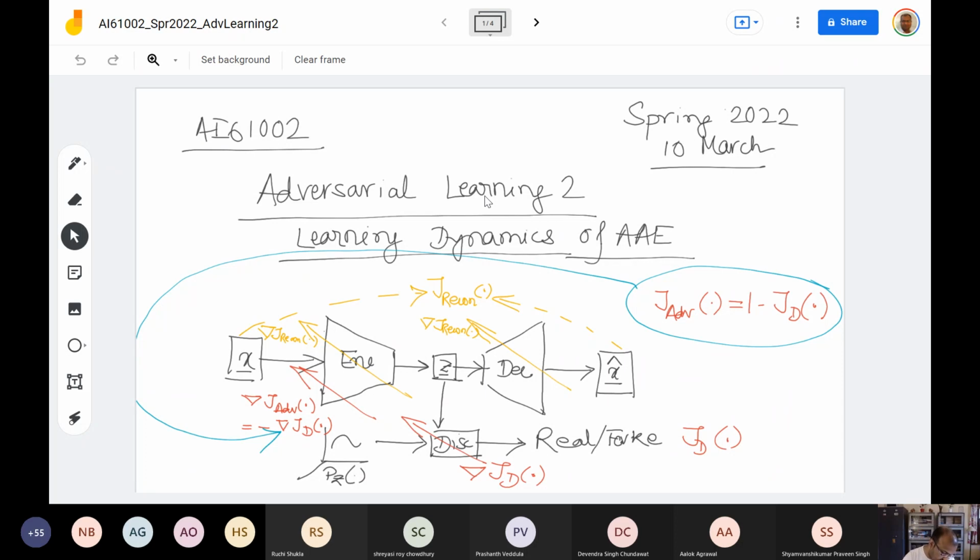Now I calculate my reconstruction loss. Initially none of these are trained, so my reconstruction loss is anticipated to be very high. Based on that, I find the gradient of that reconstruction loss, and this gradient is backpropagated through the decoder and the encoder. It does not impact the discriminator in any way because the forward pass pipeline was like this. So in the backward pass, it will impact only these two. It does not impact any other network. Is that part clear? Do you agree to it?